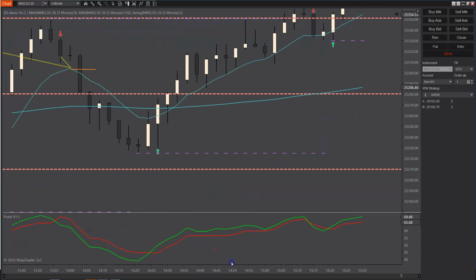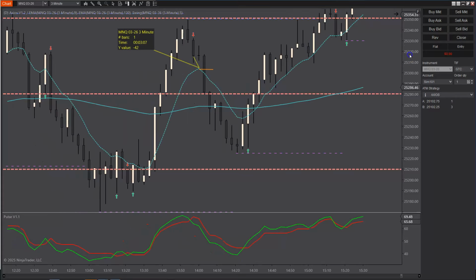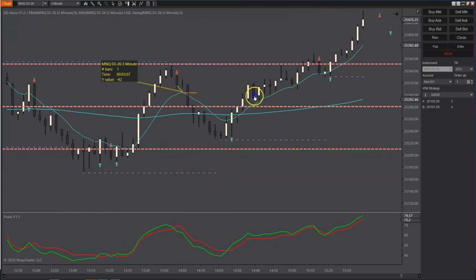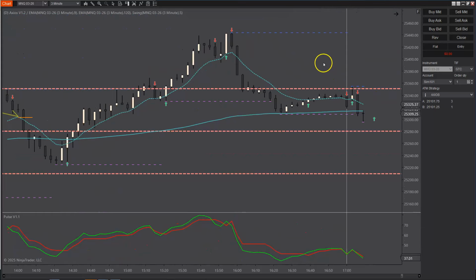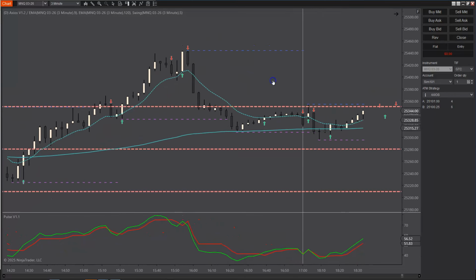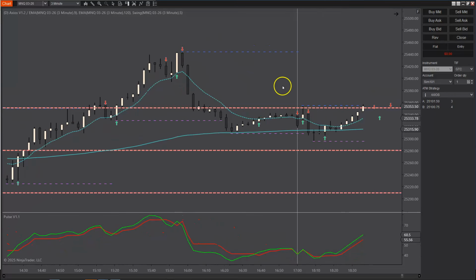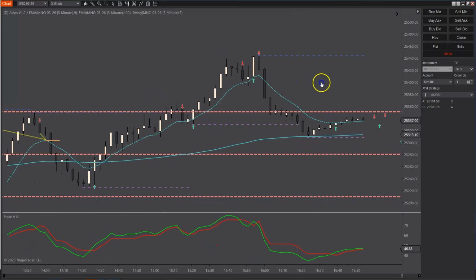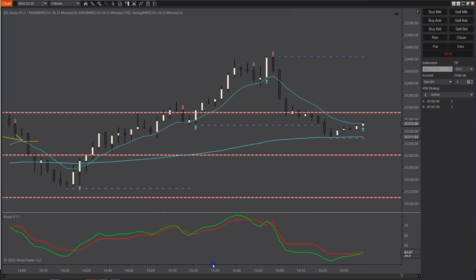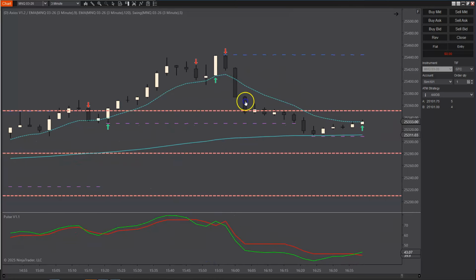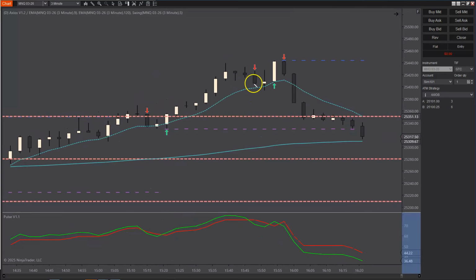Let's zoom out. Most of the other videos I was kind of mixing the different A, B, C, and then there's actually a D setup. Here's a good example of one that I would not have taken. This one I would not have taken a mean reversion into the 9 because it's too close, 33 ticks.